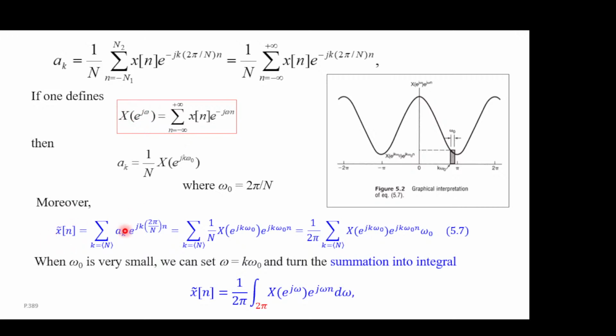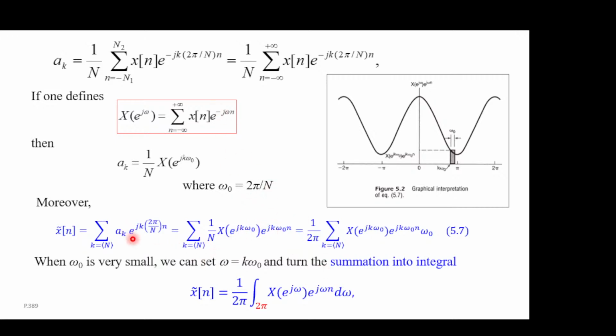So now once again use the discrete-time Fourier series formula. It's the summation of a_k e to the jk omega naught n over one period. And now we want to write this in terms of this big X. Well, a_k in terms of big X is 1 over N times big X of e to the jk omega naught, with omega equal to k omega naught.